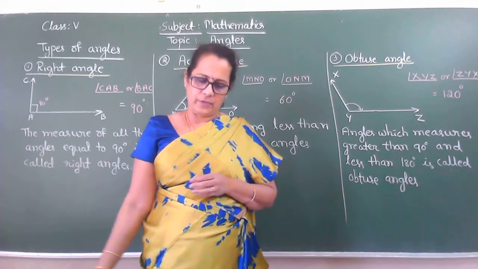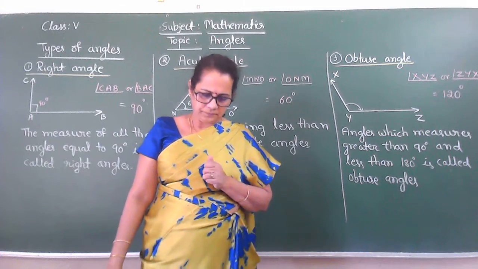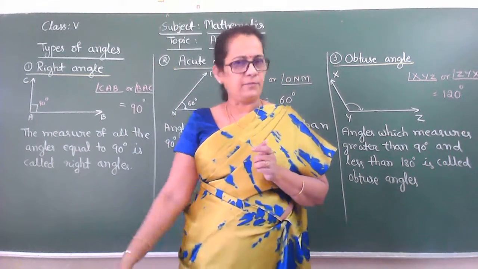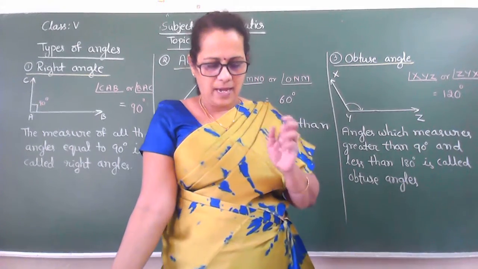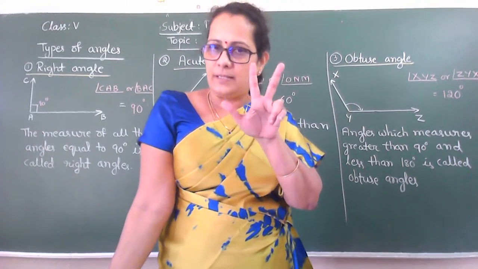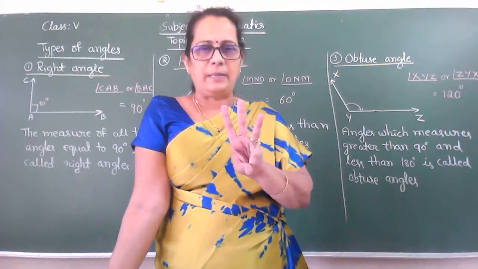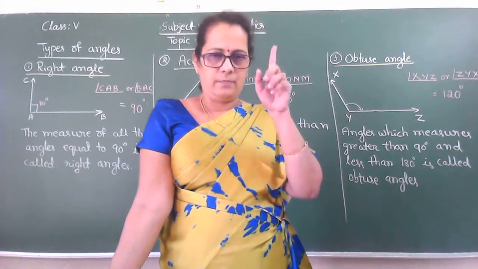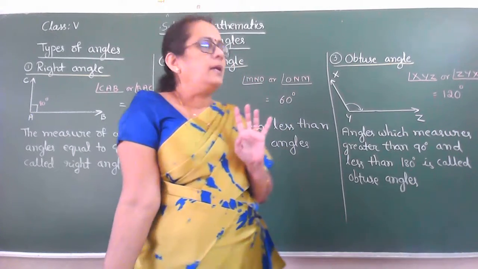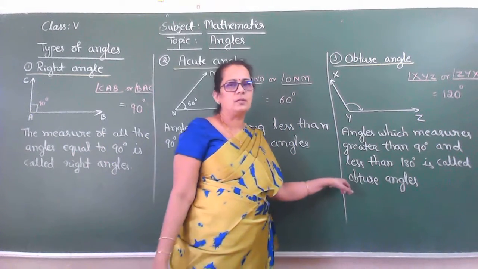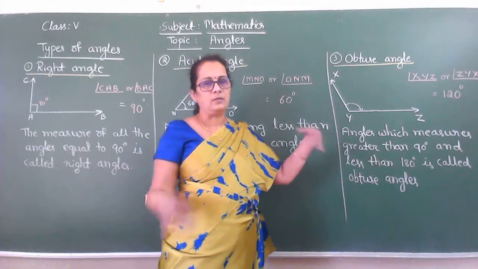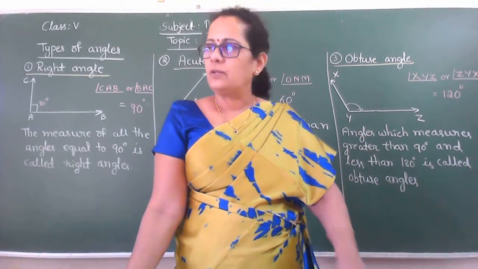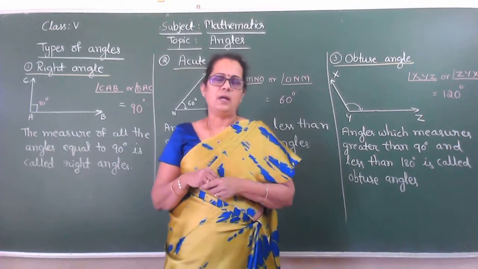That also we can give, and also the fan blades. The fan which has 3 blades, not 4, which has 3 blades. The angle between each blade is an example for obtuse angle, more than 90 degree. So like this you can give so many examples for obtuse angle.